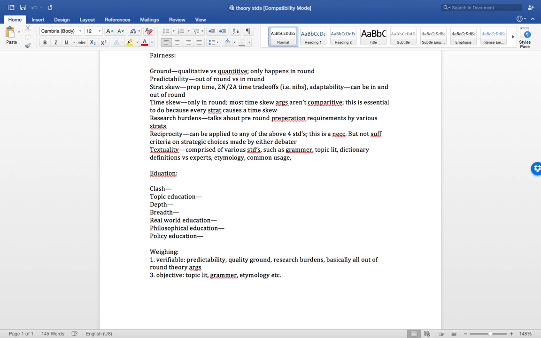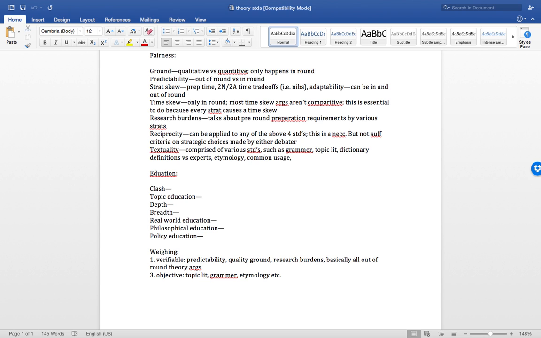If there's topic literature on the issue and it has good ground, does it really matter that it's not commonly used? So are those the main ways to respond to common usage?